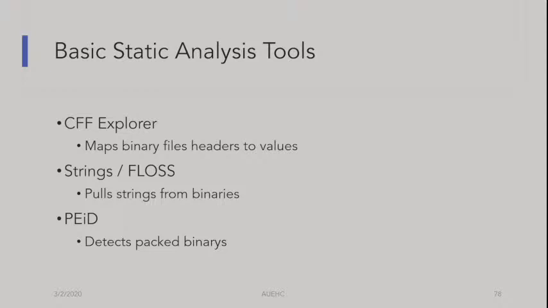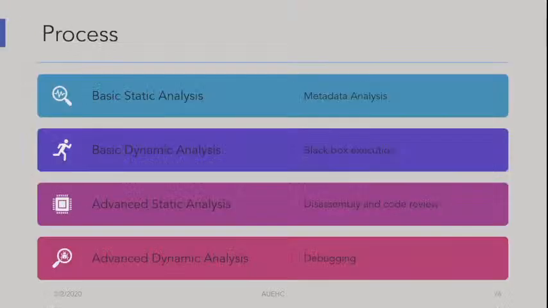I was just going to say, you can almost view that graph as a funnel. You start with the super broad view of basic static, which gives you an idea of what to look for in advanced static.